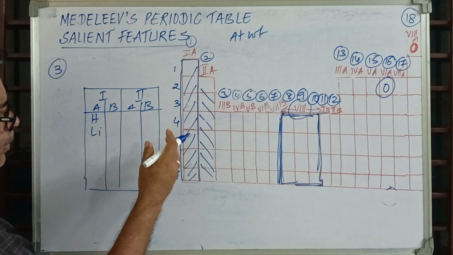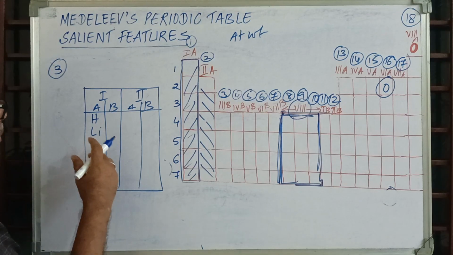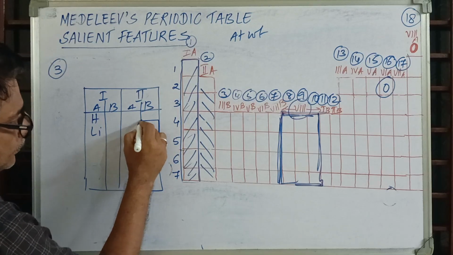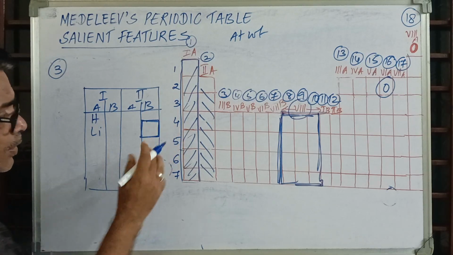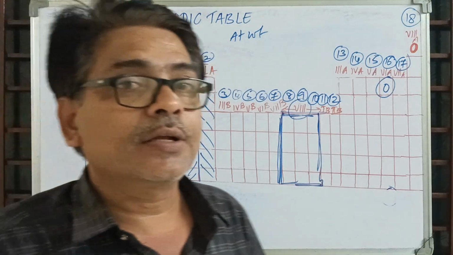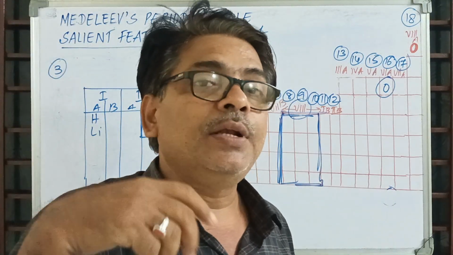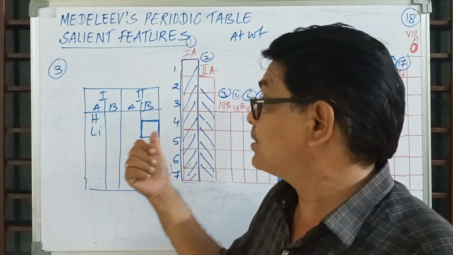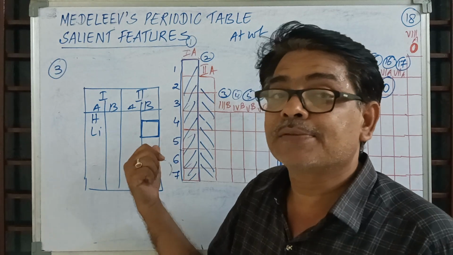He is going on like that in his concept, okay? At a few places he left a gap. He didn't fill any element, because he predicted that new elements will be discovered and those elements will occupy this place.